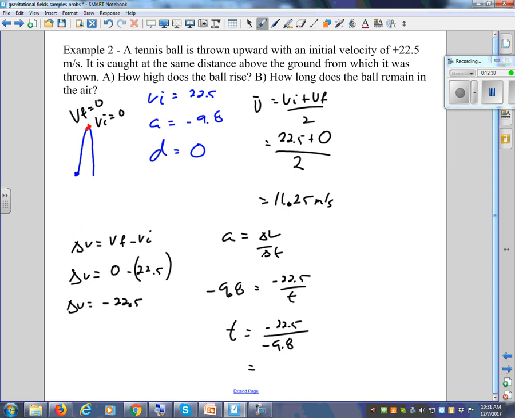I get 2.3 seconds. But that's just the time what? That's just the time up. But part A still says how high does the ball rise? So now I think I can solve that. This seems to be a long question, doesn't it? Average 11.25, D, time 2.3. This one's going to be positive.